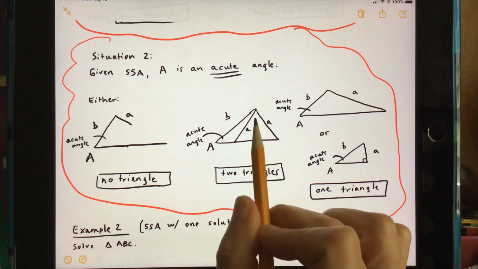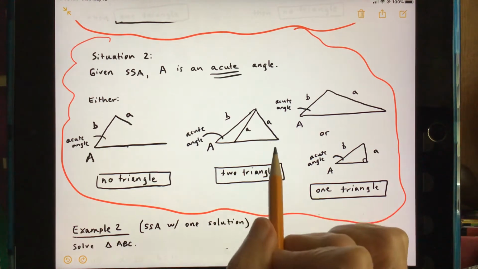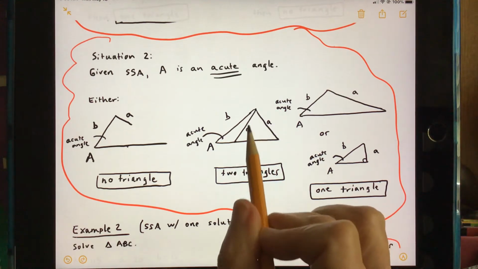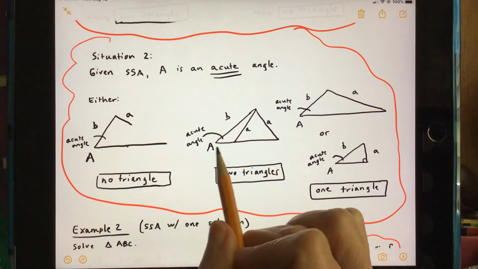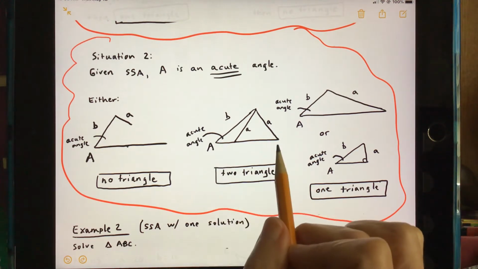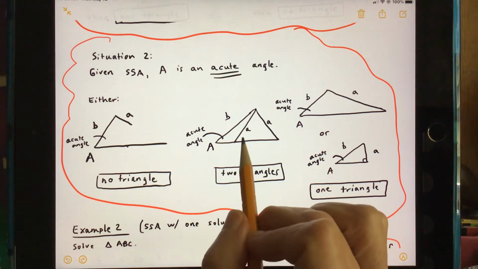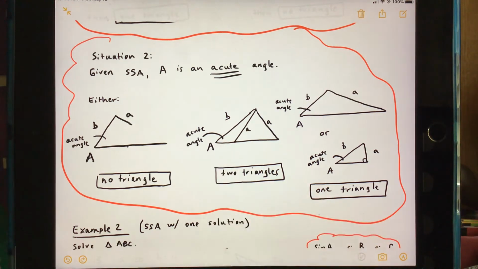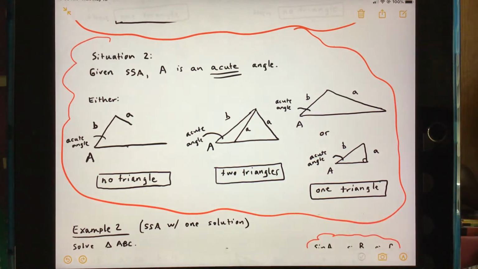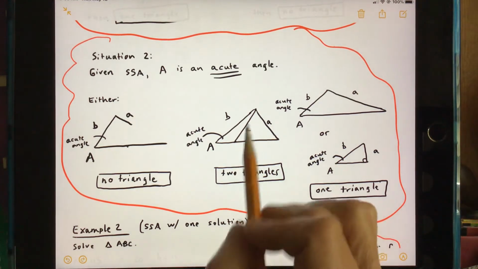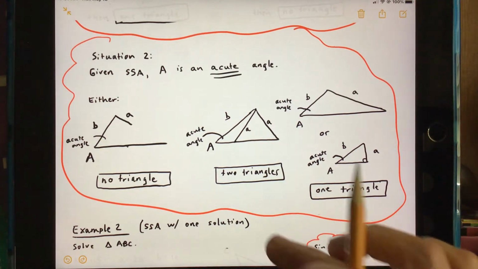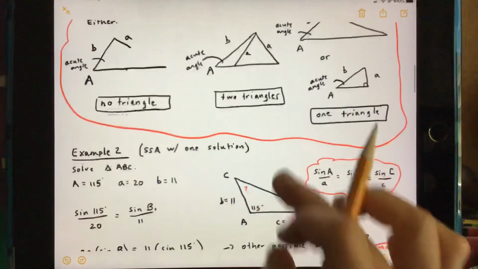What happens if we could swing this side A over so that it fit right in here, and this side becomes shorter than it was originally, but it still would make a triangle with A, B, and angle A? So that's a possibility. If it's just right, we could swing this side A over and it could make a second triangle.